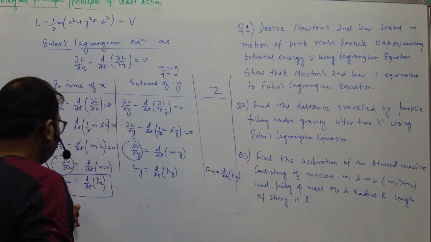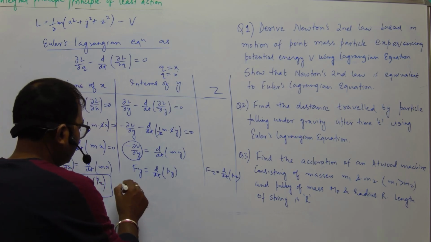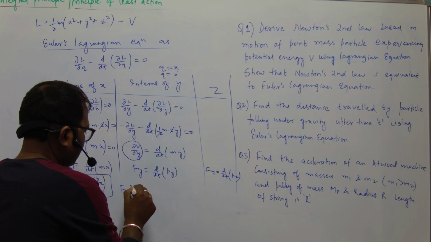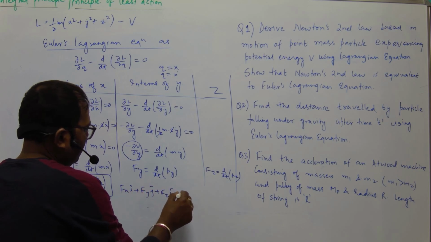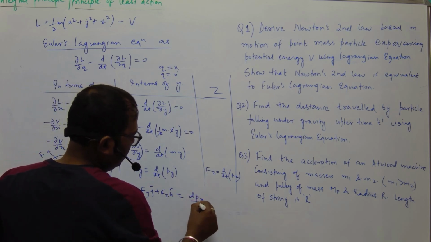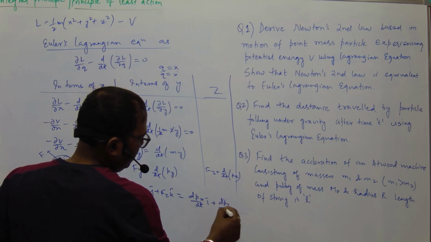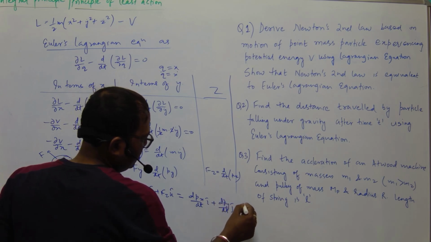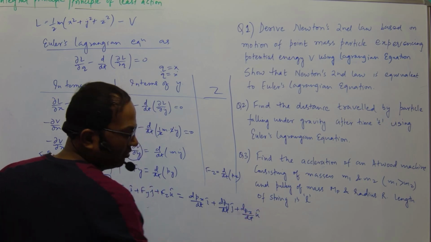Okay, so let us write this in vector notation. We have Fx i cap plus Fy j cap plus Fz k cap is equal to dpx upon dt into i cap plus dpy upon dt into j cap plus dpz upon dt into k cap.